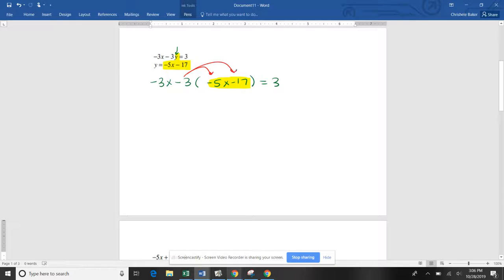Again, distributive property. So I have negative 3x, negative 3 times negative 5x is positive 15x. And negative 3 times negative 17 is positive 51. Combining my like terms, negative 3x plus 15x is 12x. Subtract 51 from both sides.